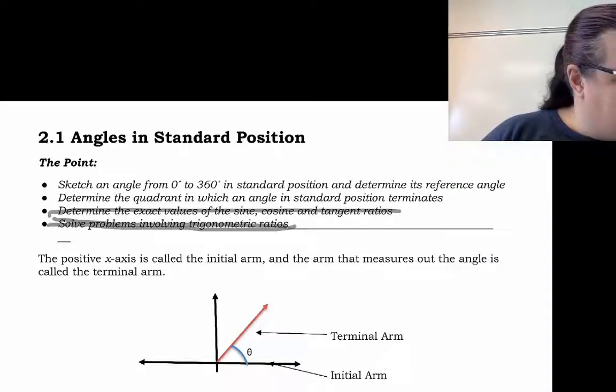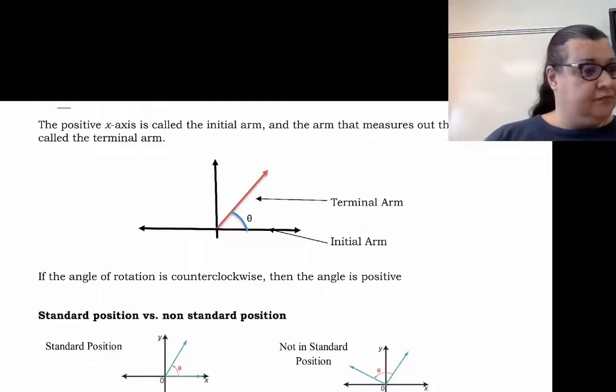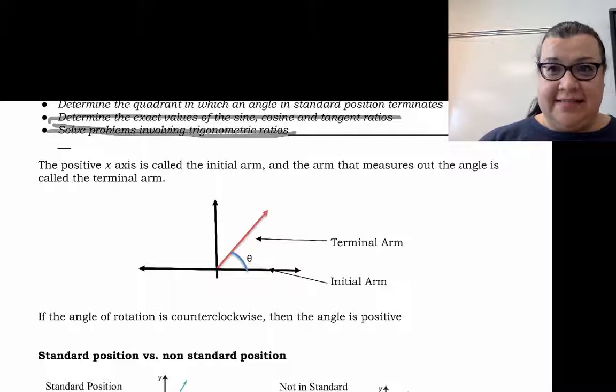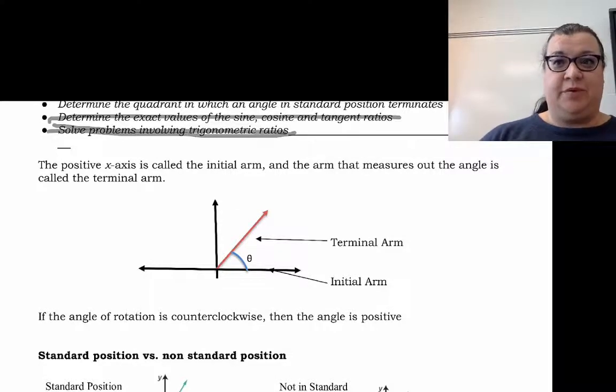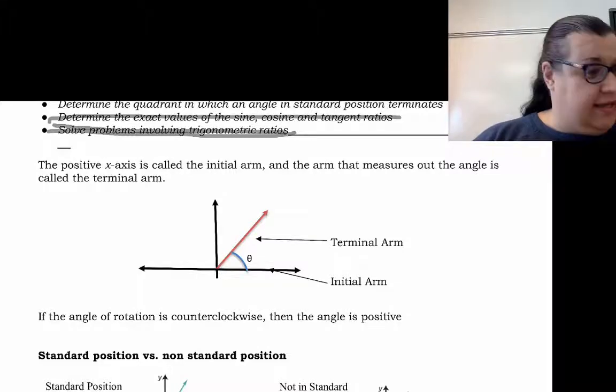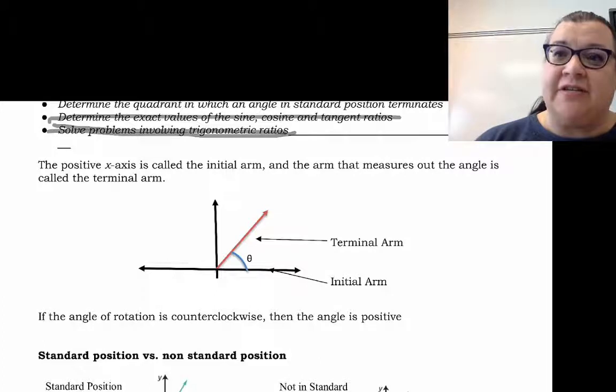Okay. So let's dive into our vocabulary. So when an angle is in what is known as standard position, the vertex of the angle must be here at the origin. So basically what we're doing, let's backtrack for a sec.